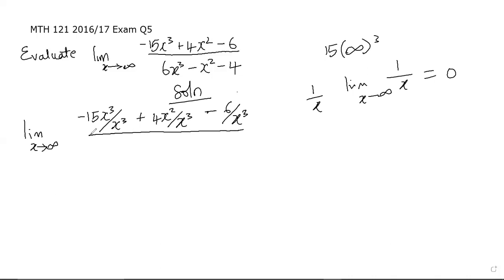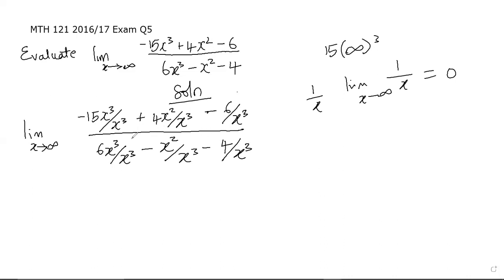Everything divided by 6x raised to power 3 divided by x raised to power 3, minus x raised to power 2 divided by x raised to power 3, minus 4 divided by x raised to power 3.